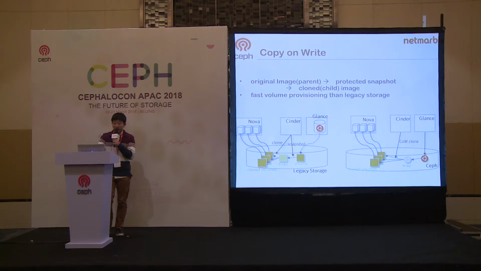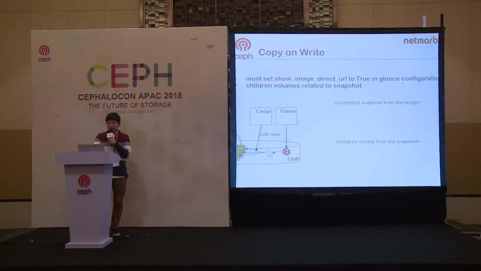Therefore, the instance does not need to copy through the network, making it fast when provisioning an instance with a Cinder volume. You must set the show image direct URL configuration to true in Glance in order to use copy-on-write. All cloned volumes have a relationship with the Glance images.